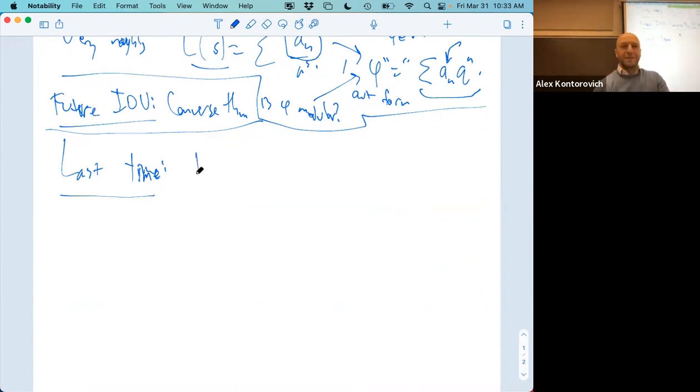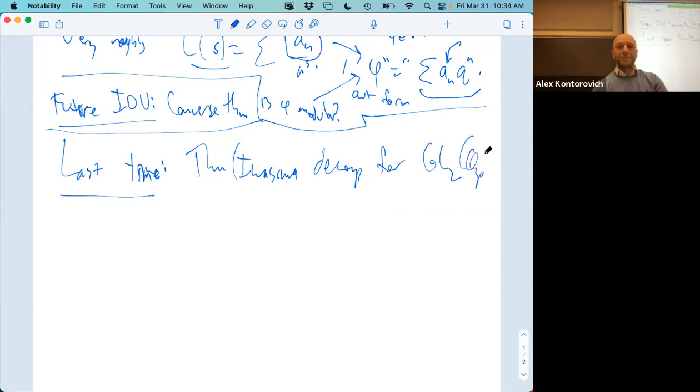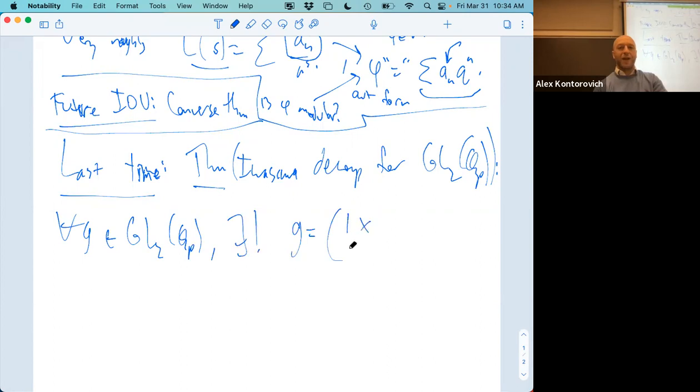Theorem, Iwasawa decomposition for GL2(Q_p): for every g in GL2(Q_p), there exists a unique way of writing g as (1 x; 0 1)(p^e1 0; 0 p^e2)k.